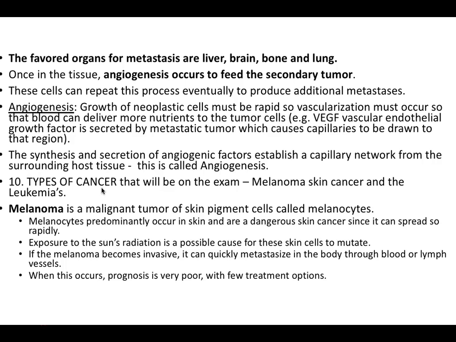The killer skin cancer is melanoma. It means that the melanocytes, the cells that give your skin its pigment, can transform themselves into one of the most malignant, most rapidly spreading cancers of the body.